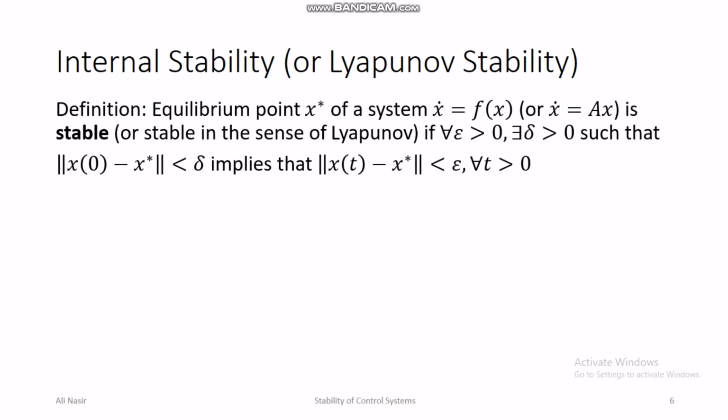So the distance between the state at any time and the equilibrium point should not be greater than or equal to epsilon if the initial condition is within delta distance from the equilibrium point.